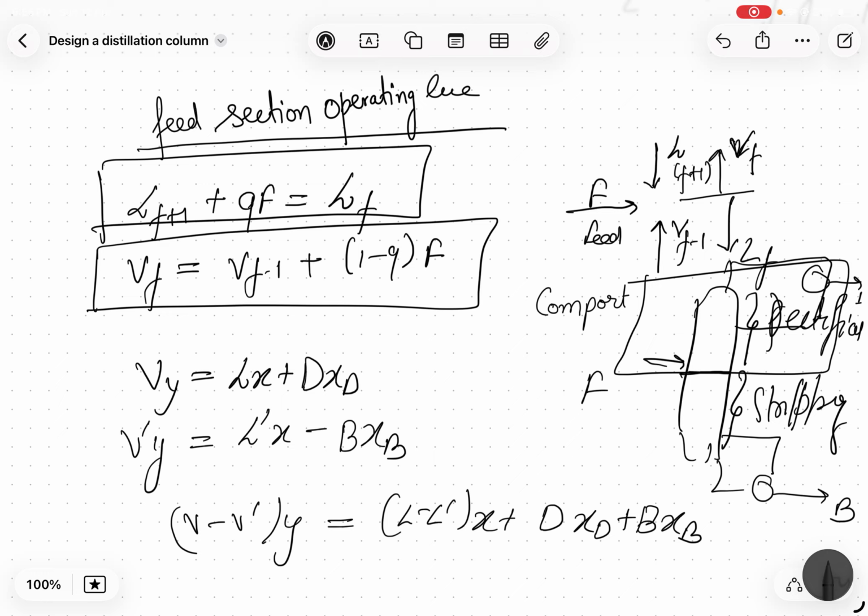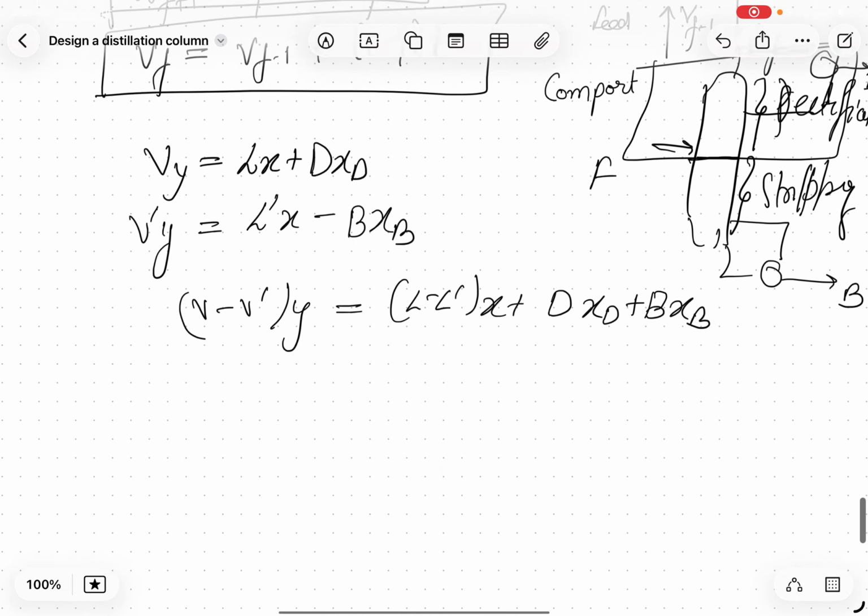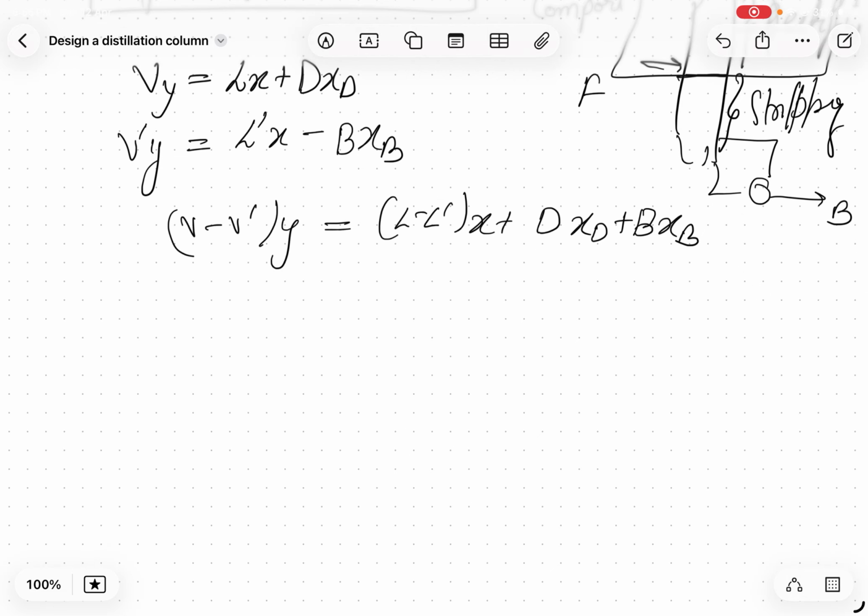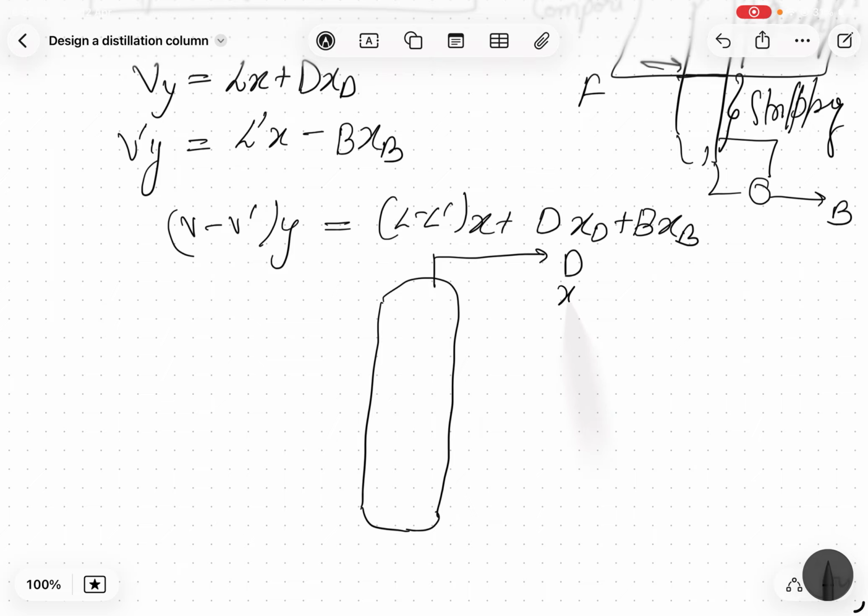So what is L dash and V dash? Let me draw the diagram. I think I might have confused you by using different notation. Here I consider D XD, this is B XB, this is the feed F with XF.